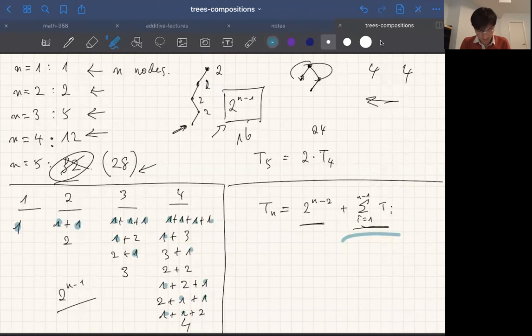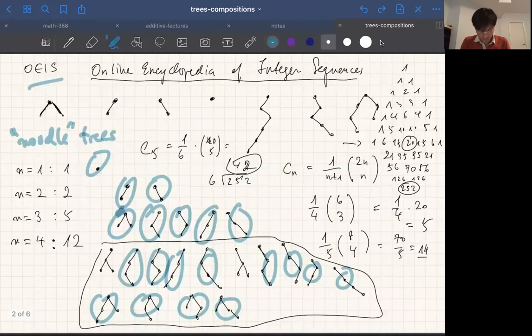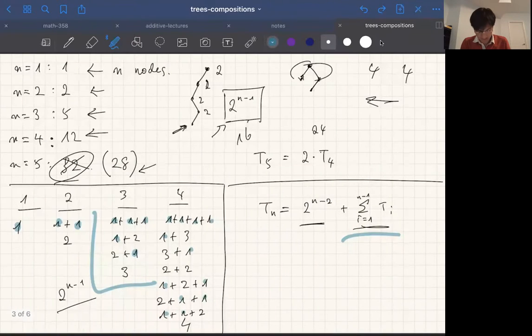A composition of a number is a splitting of it into a sum of positive integers. So these are all the compositions of 3, and compositions of 4. If you count the number of ones, it's kind of peculiar. You get the same counts as the number of trees. For example, for n equals 4, there are 12 of these trees, and there happen to be 12 ones in this picture.